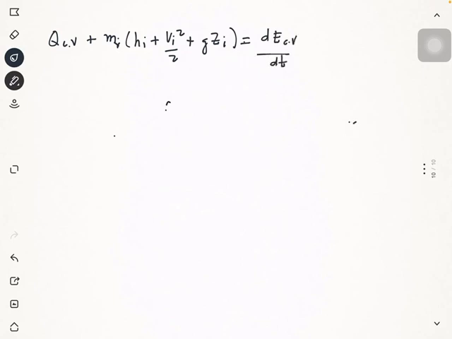So therefore, in our equation we have Q_cv plus m_i times h_i plus V_i squared over 2 plus g z_i, which is equivalent to the rate of change of the energy of the control volume with respect to time, dE_cv over dt, plus m_e times h_e plus V_e squared over 2 plus g z_e, plus the work of our control volume.